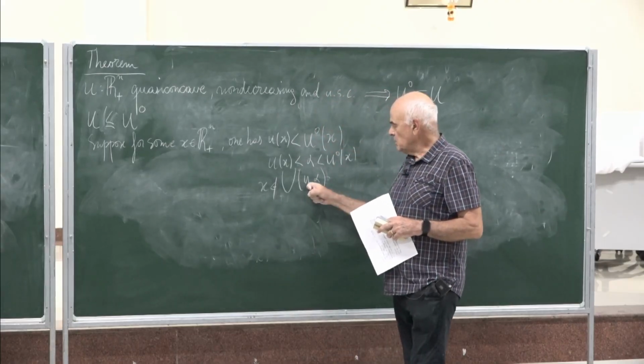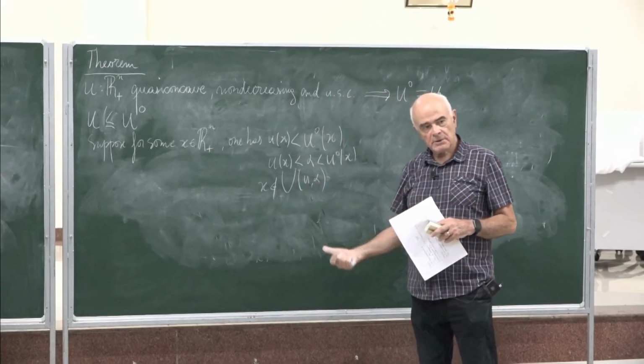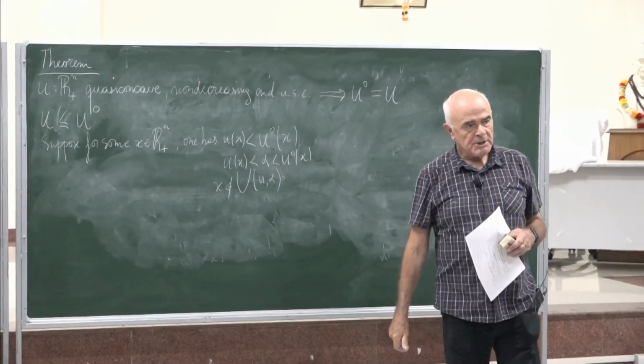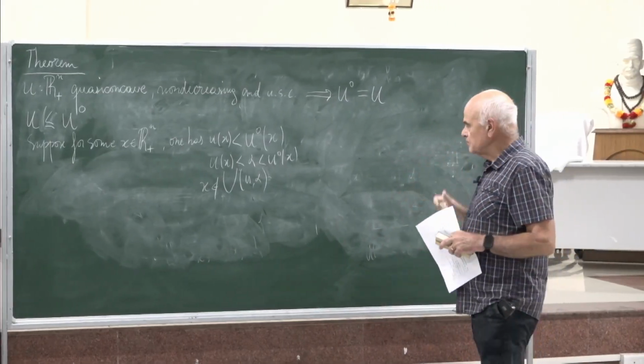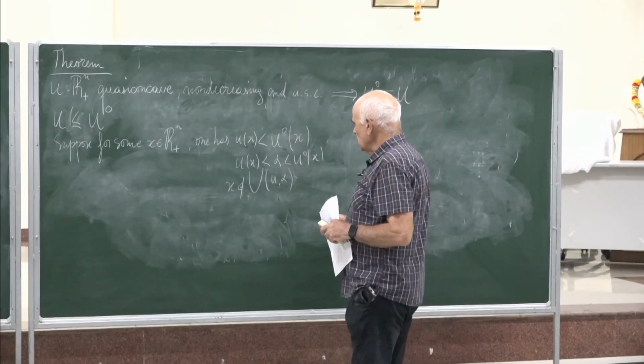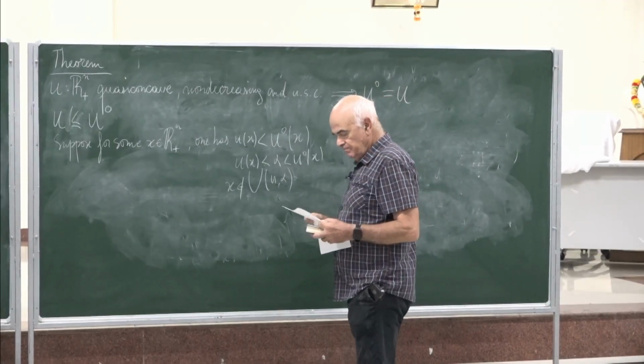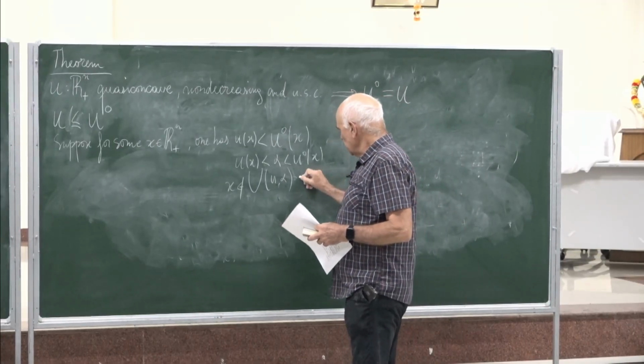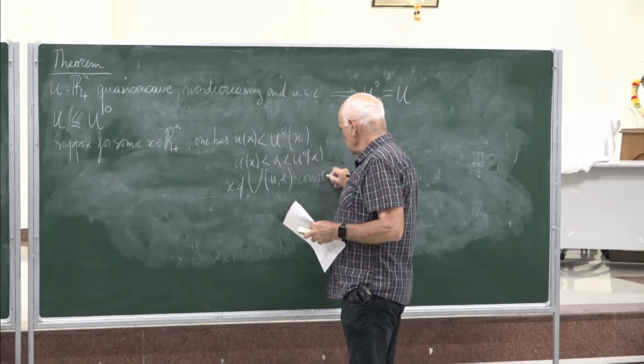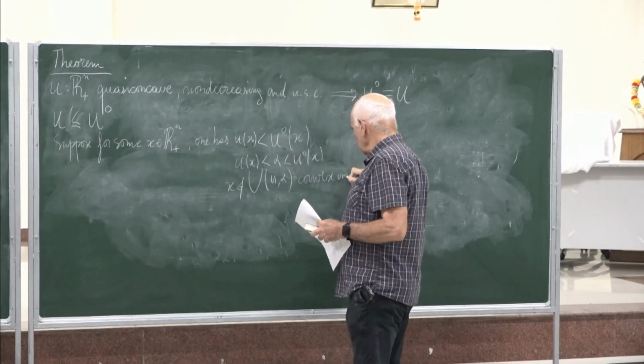Okay, this should mean u of x greater than or equal to alpha. You have the opposite inequality. Then this set is convex and closed.